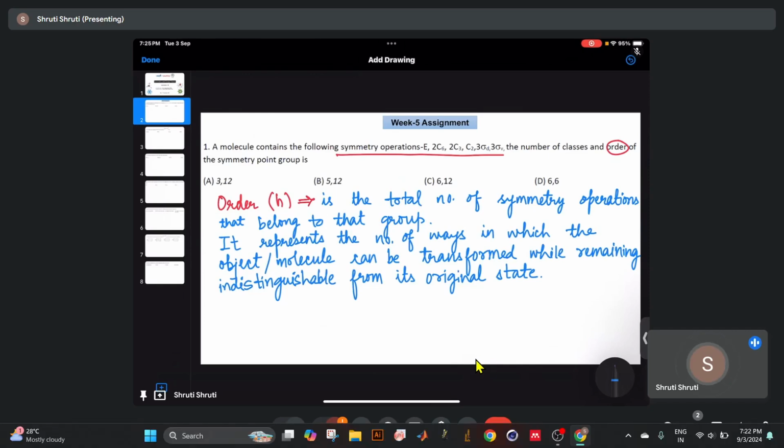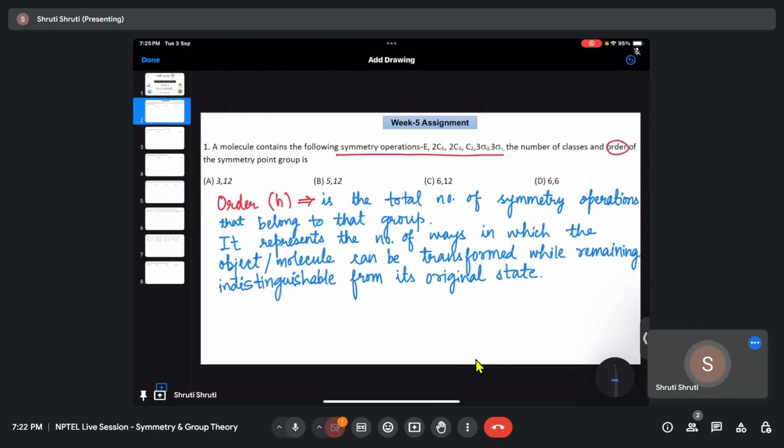So now the order can range from 1 to many, like 12, 24, 48, it can be any number.